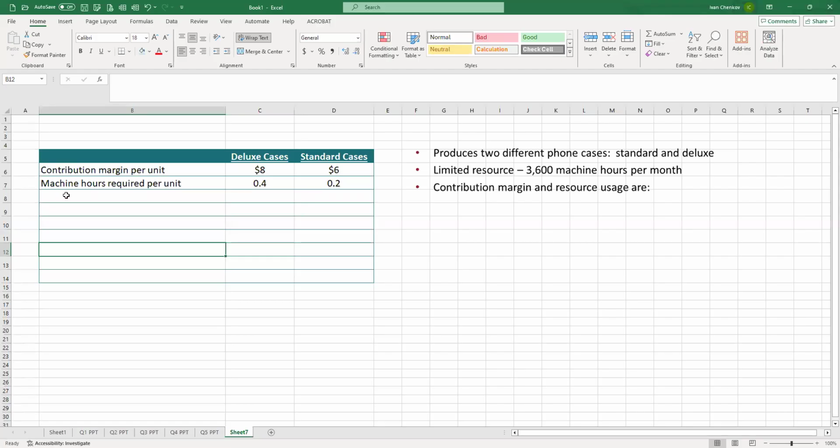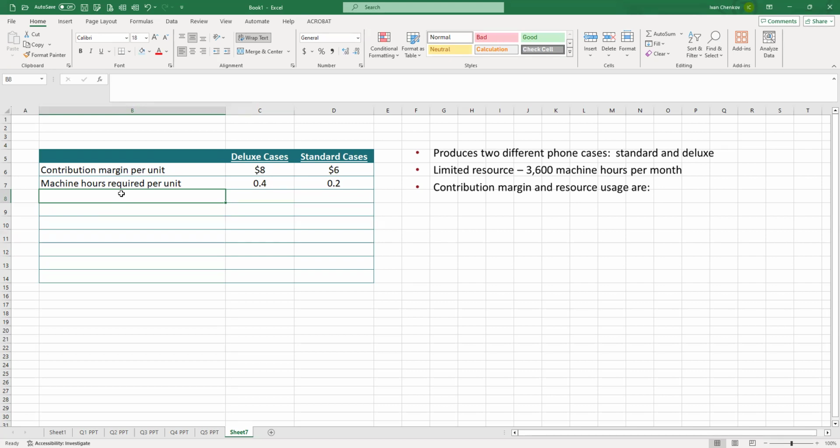So we have 3,600 machine hours. We would like to produce more, but we don't have it. So for that reason, we're gonna find out which one is the one producing the highest contribution margin within the machine hour.